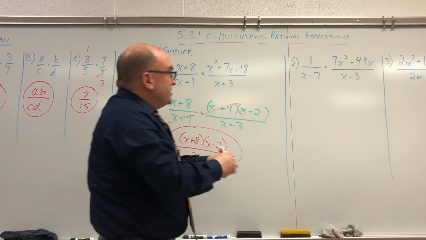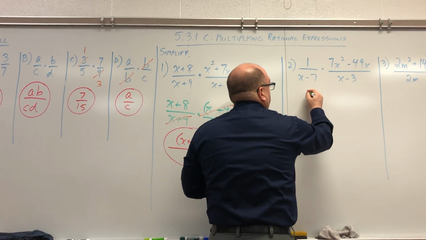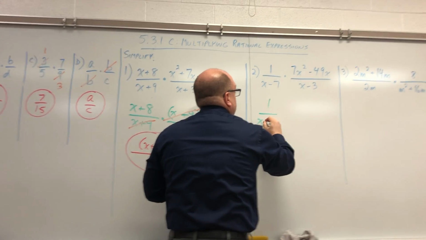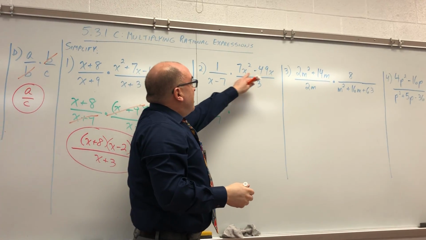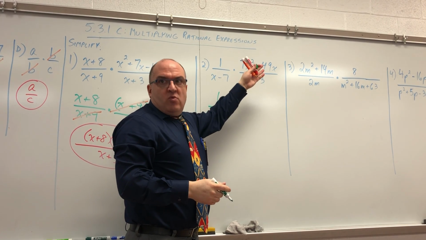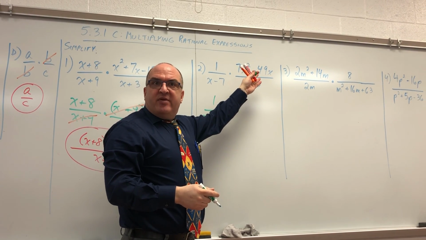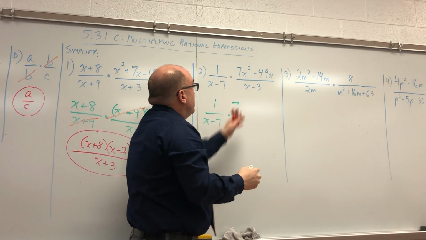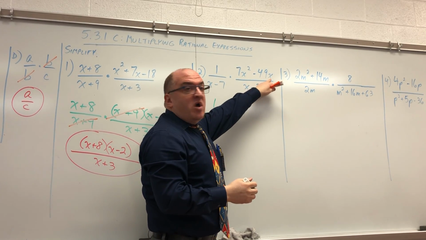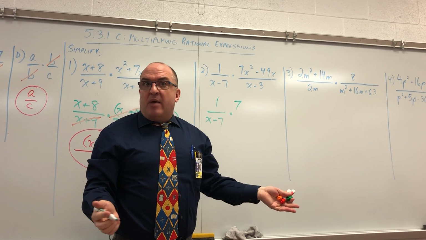Okay? Same thing. 1 over x minus 7 times. Now, you see 7 and 49? What's common? 7, right? I'm going to pull out a 7. There's 2 x's here and 1 x here. How many x's are common?